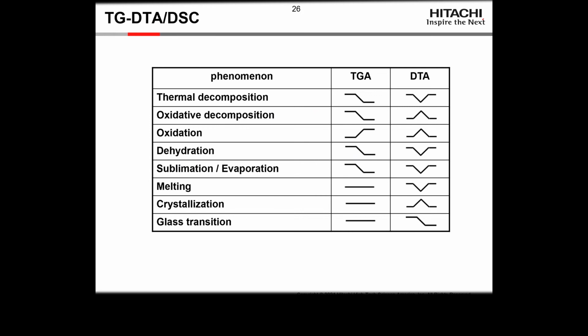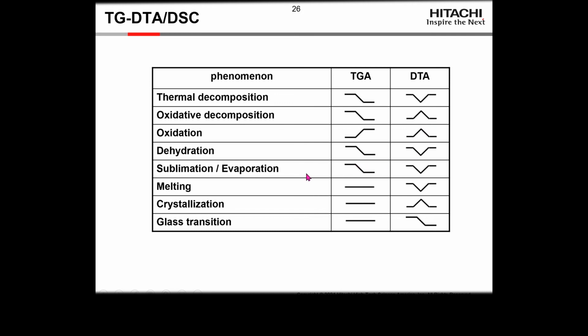But we can look at things like a thermal decomposition, and we'll see a weight loss, and we'll see a peak in the DTA. And with the two of these, we can sort out things that would normally be different, because thermal decomposition and oxidative decomposition are going to give you the same kind of TGA curve, but they give you different DTA curves.